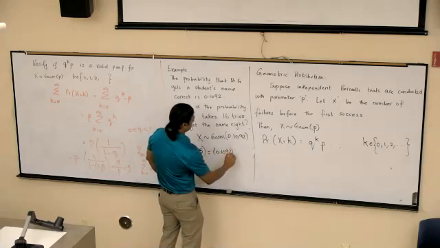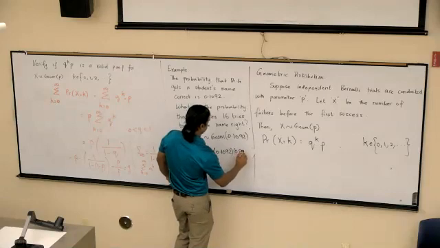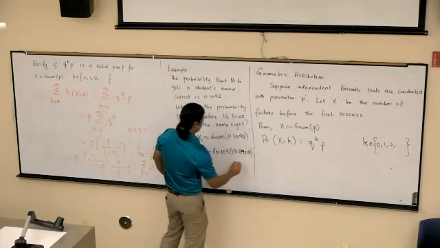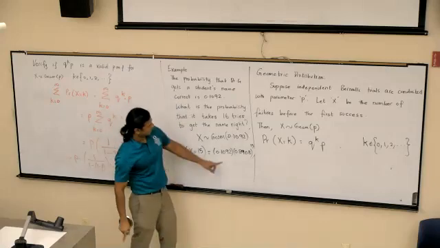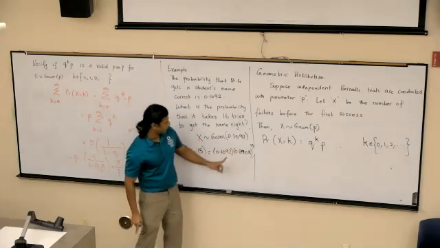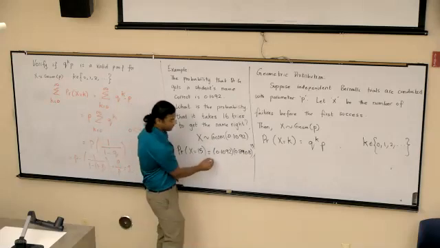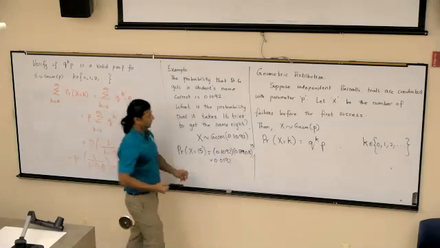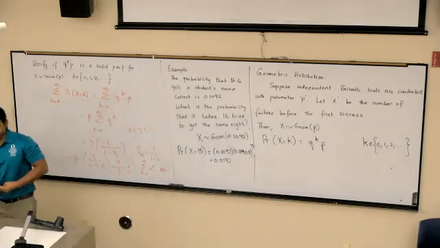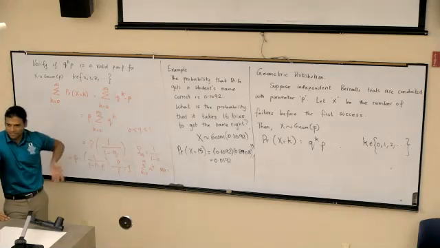The other one gets power 15. I got the answer to be 0.0192. What is that? 0.0192. And you may think that's only a 1% chance.